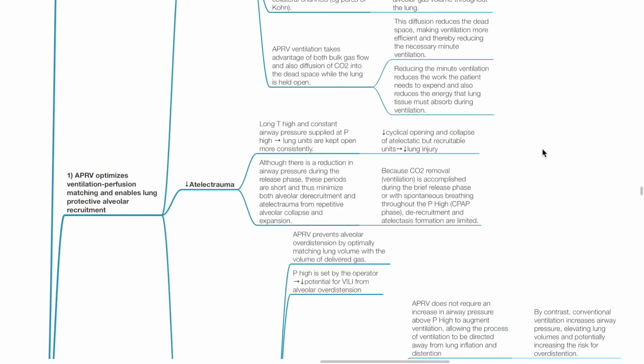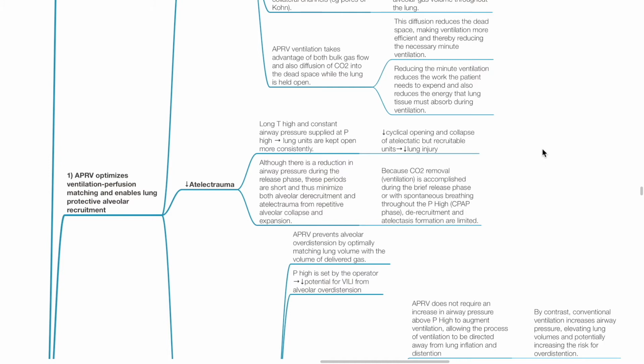APRV reduces atelectrauma. Long T-high and constant airway pressure supplied at P-high causes lung units to be constantly kept open. This reduces cyclical opening and collapse of atelectatic but recruitable lung units and reduces lung injury.